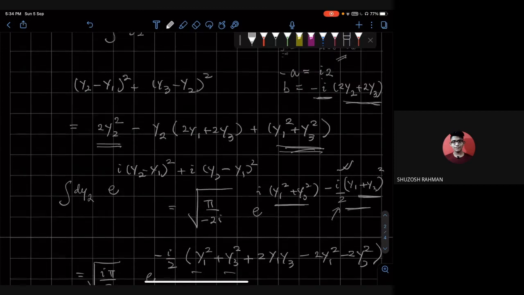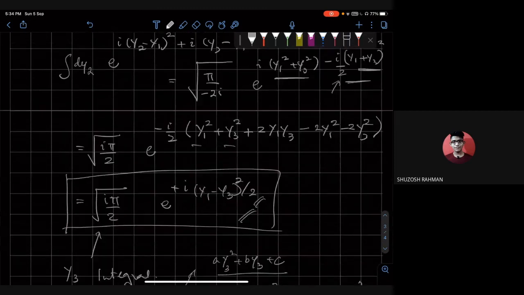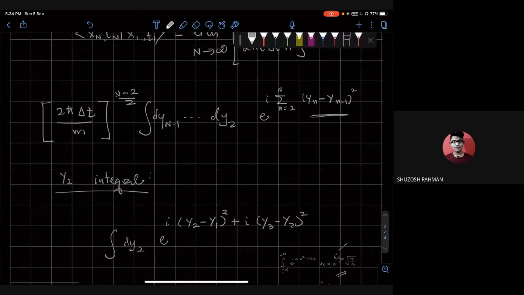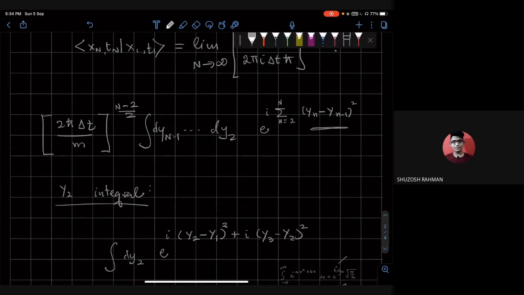No, because we are doing the y3 integral. For the y3 integral, there will be a term where this is 3, and in that term, this will be 4. So we have to take that term into account, right? Oh, I see. Yeah, okay, that makes sense.